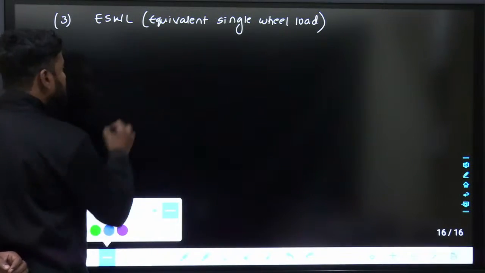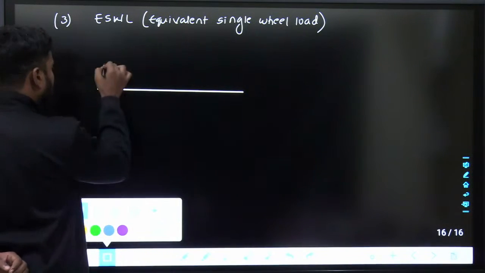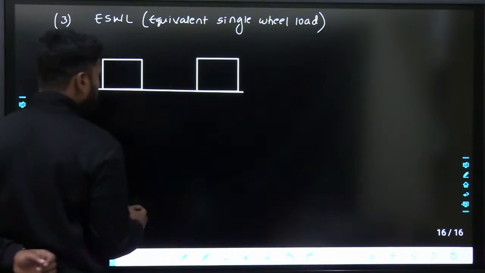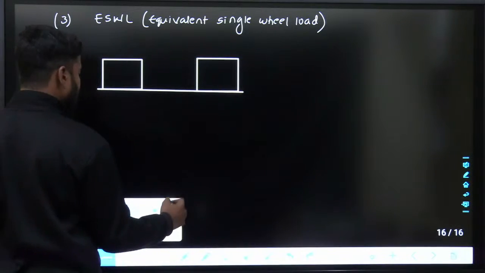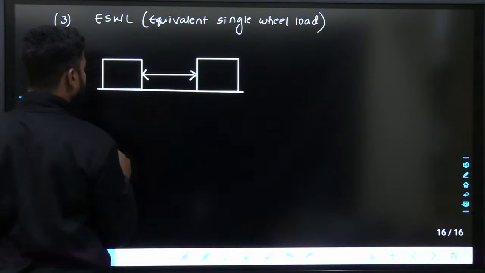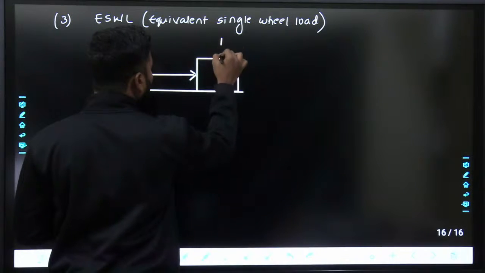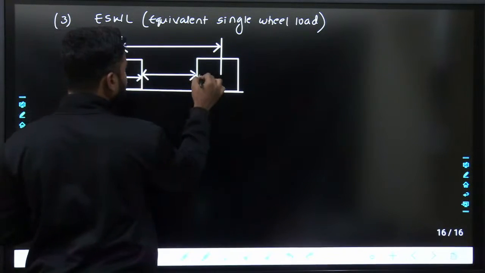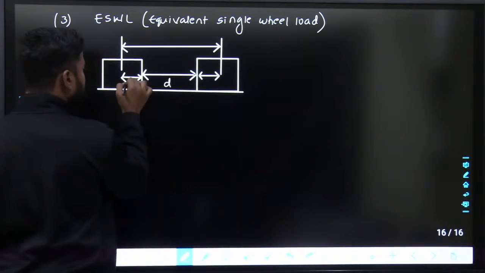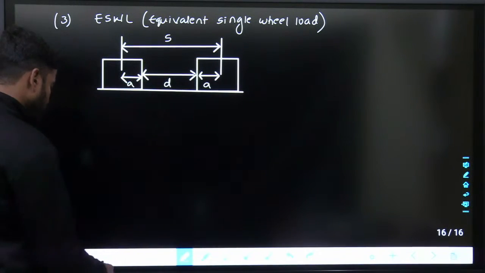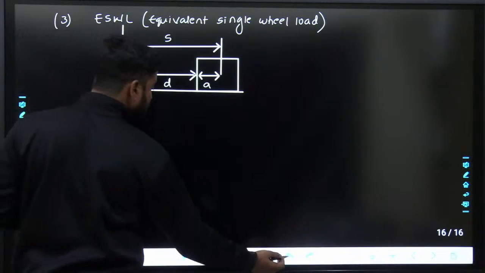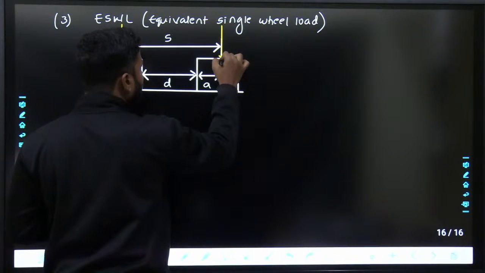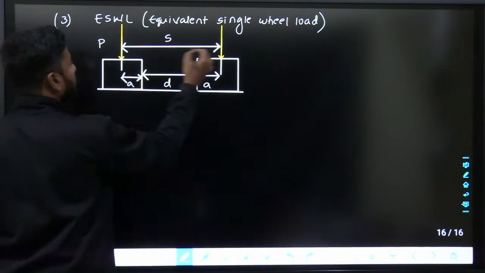In this, what exactly you will be seeing is, let us say there are two wheels, the distance between two wheels is somewhere around D. And center to center spacing, I will be taking it as some S. Then this radius is A, this radius is also A. If I consider this as D, this is A, this is A, this is S. And load because of this, I will be taking it as some P. Load from this tire, I will be taking it as P.